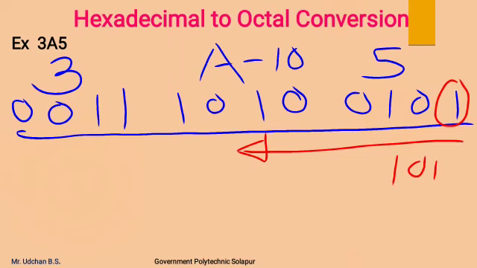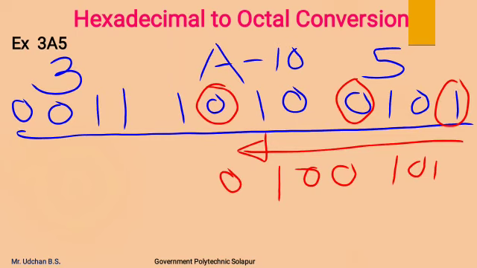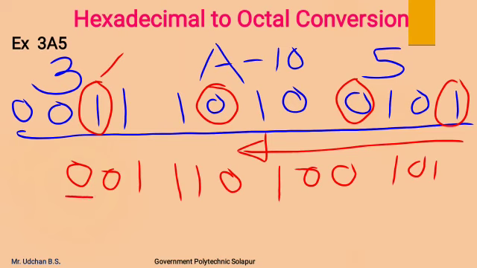The second group will start from this 0, that is 0, 0, 1. The third group will start from this 0, that is 0, 1, 1. And the fourth group will start from this 1, that is 1, 0, 0. These are the groups of 3 bits from which we will get the equivalent octal number.